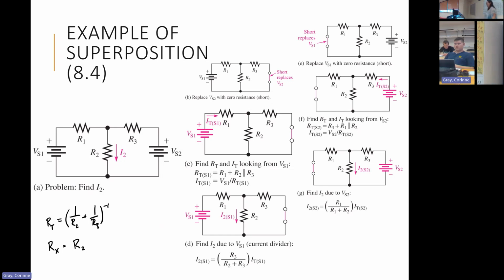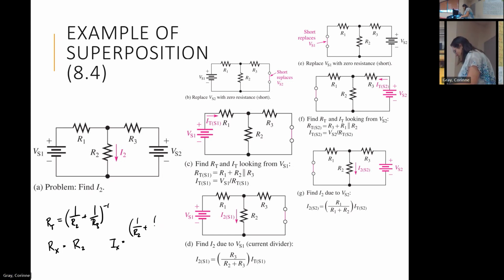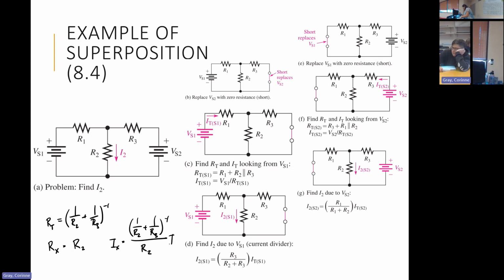So what we would have, for IX, it would be equal to RT over R2 times IT. And I don't know about you, but this is algebraically unhappy for me. Should you add R1 though? In this case, no, because all of the current flows through R1.